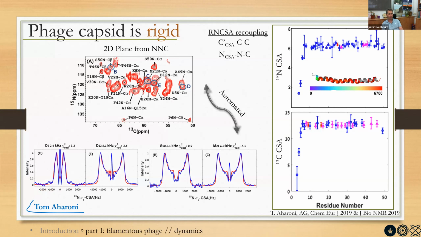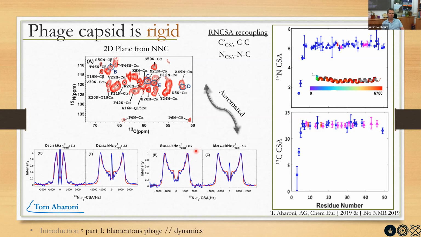These are the experimental results. Then automatically it fits the CSA line shapes to all these different blue spectra, and it gives you an output, which is the CSA and the chi-square fitting, telling you about the goodness of the fit.